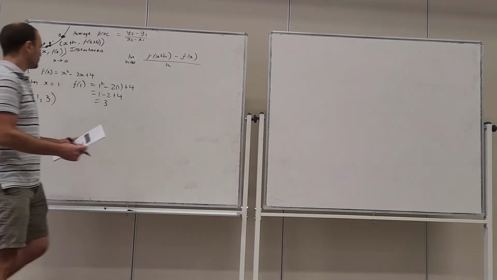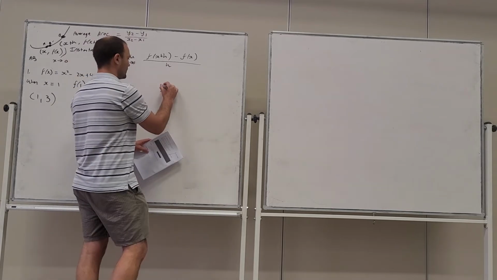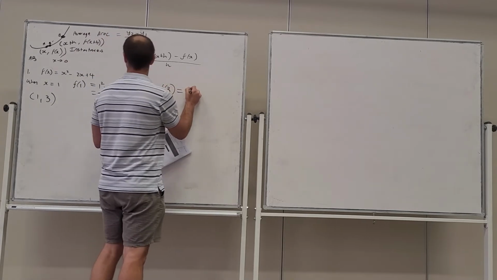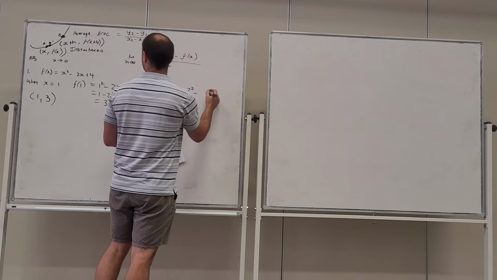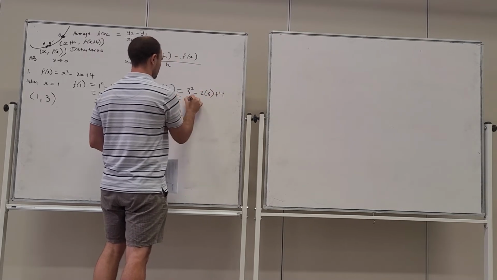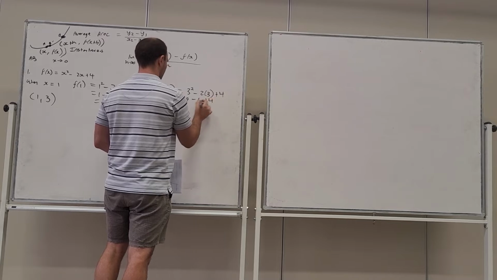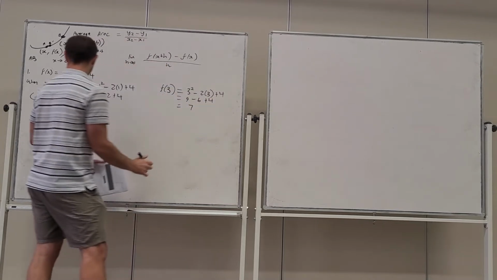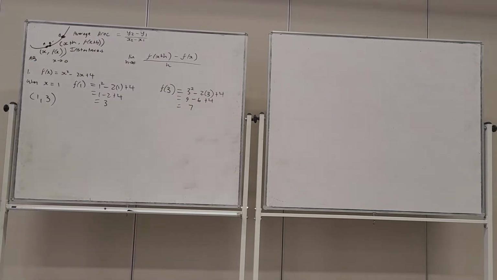Okay, to find our next coordinate, we're investigating when x is 3. We find f of 3. So if we find f of 3, we've got 3 and 7. So when x is 3, y is 7.